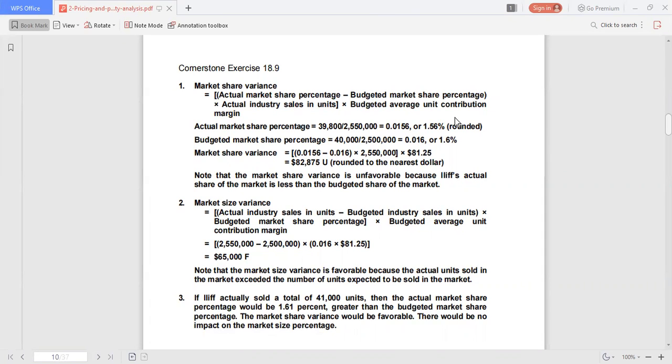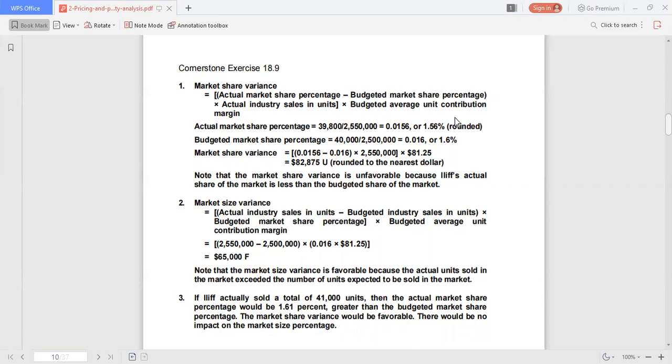So we now have the actual market share percentage, taken by dividing 39,800 here for the given number of ovens.